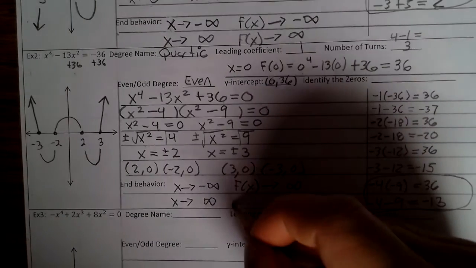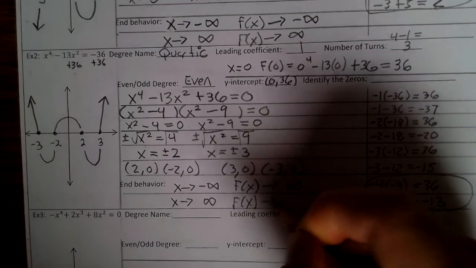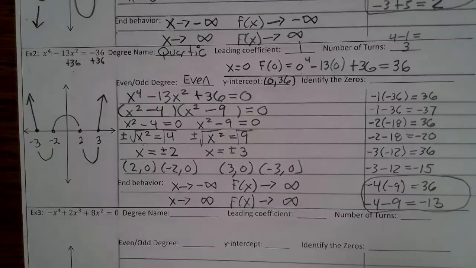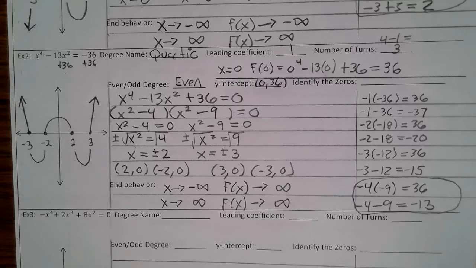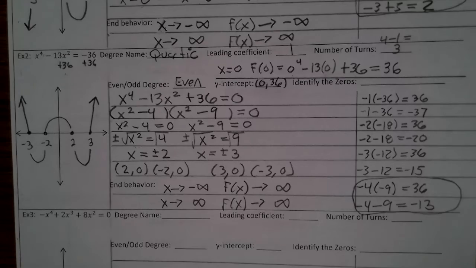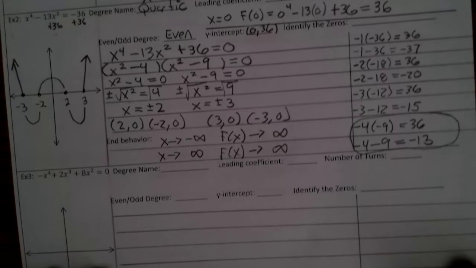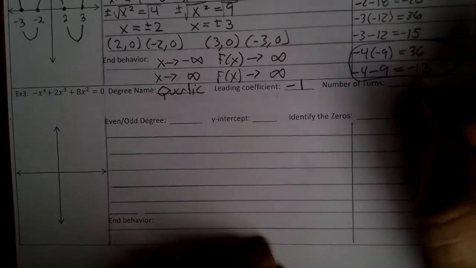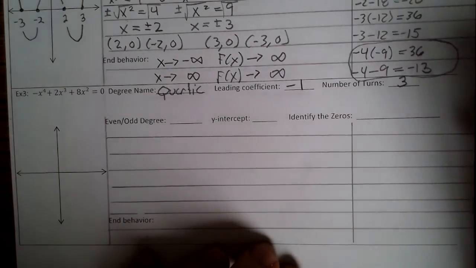All right, let's take a look at example 3. All right, degree name is quartic. Okay, leading coefficient is negative 1. Number of turns is 4 minus 1, which is 3. It's an even degree. The y-intercept, again, was when x equals 0.